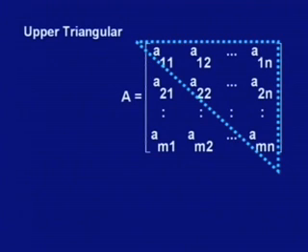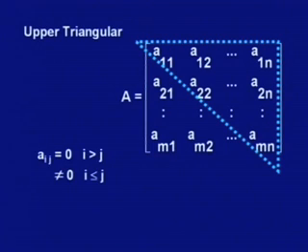So, I define an upper triangular matrix as the one in which all elements which appear on the lower side of the diagonal, that is Aij with i greater than j, are 0, and the non-zero elements appear only on the upper side of the diagonal, including the diagonal, in the triangle.